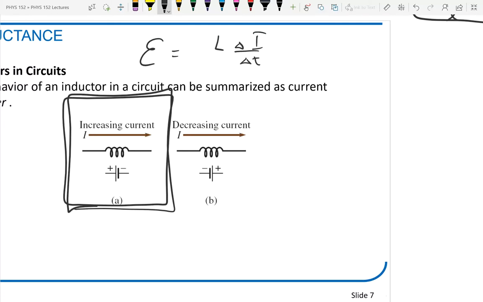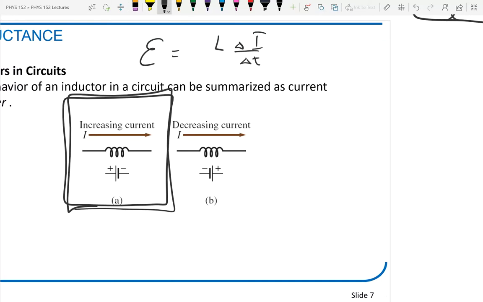Now, when you look at that picture, how does that compare to the sign convention for a resistor? If that was a resistor instead of an inductor, where would you put the positive and negative? Same or opposite? It's actually the same. The current goes into the positive side, comes out of the negative side in a resistor.